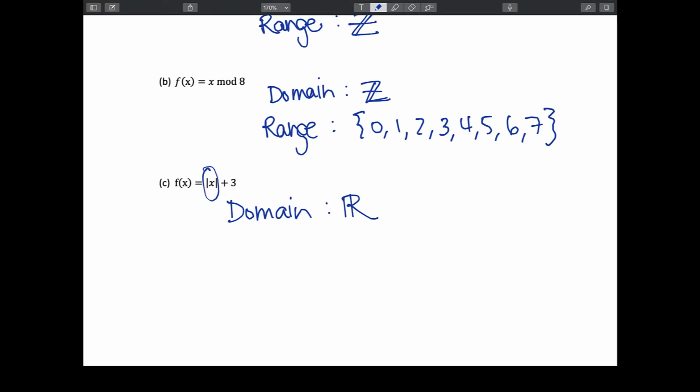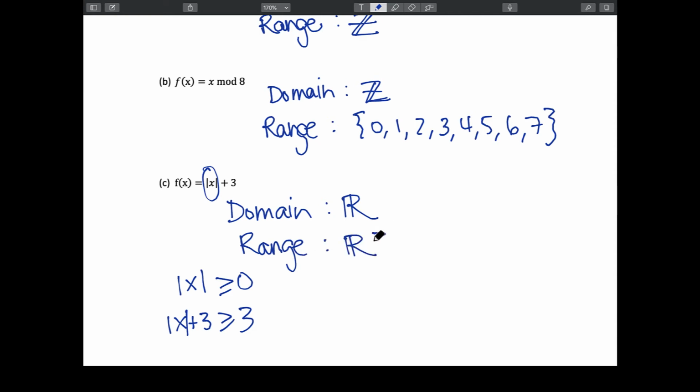So the absolute value of x is always going to be greater than or equal to 0. So the absolute value of x plus 3 is always going to be greater than or equal to 3. And so the range in this case is the reals greater than or equal to 3.